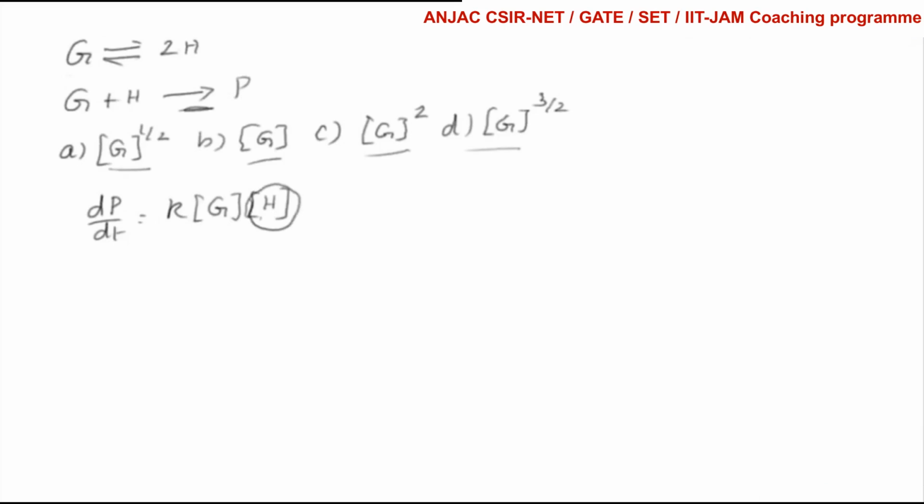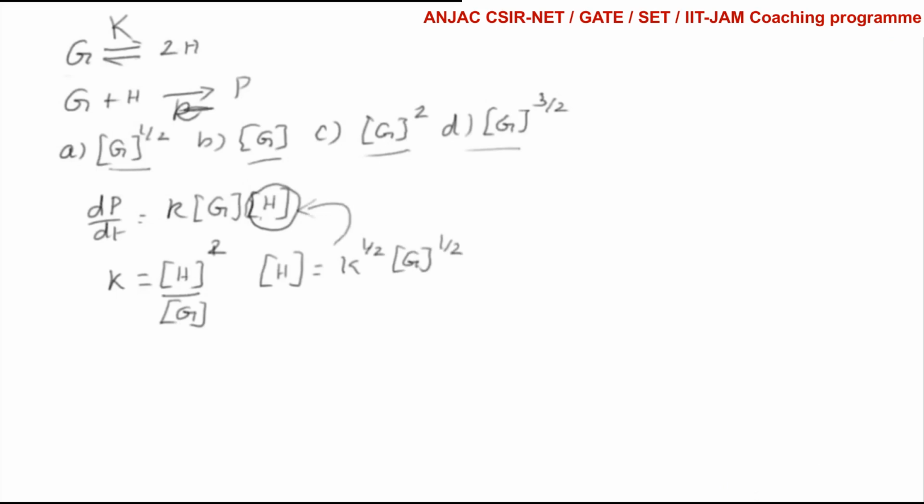Here equilibrium is given, therefore you can apply the equilibrium. Let us assume the equilibrium constant is capital K, and there is no harm in assuming that it is small k. Then capital K would be equal to the concentration of H squared by the concentration of G. Therefore, concentration of H would be equal to K power half into G power half.